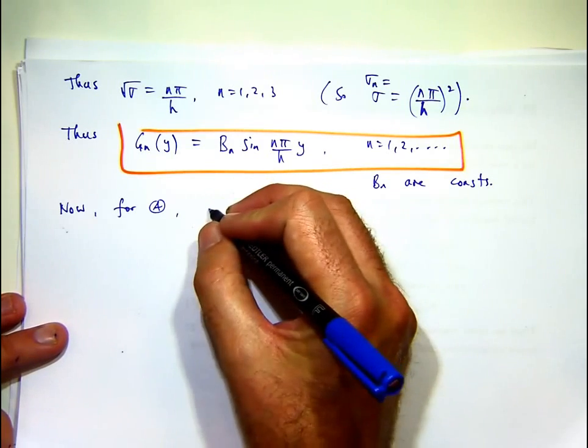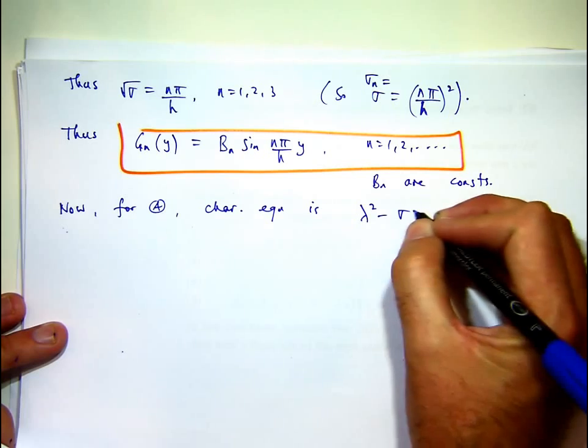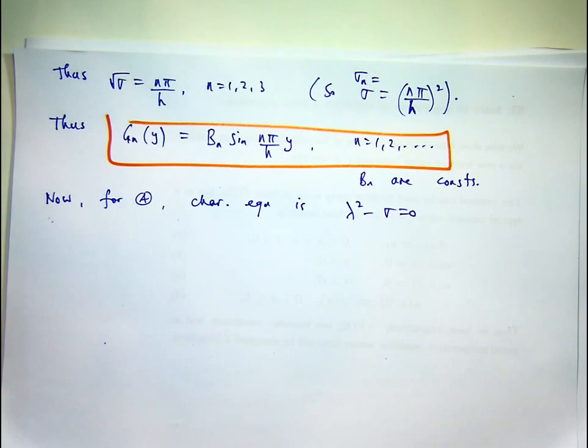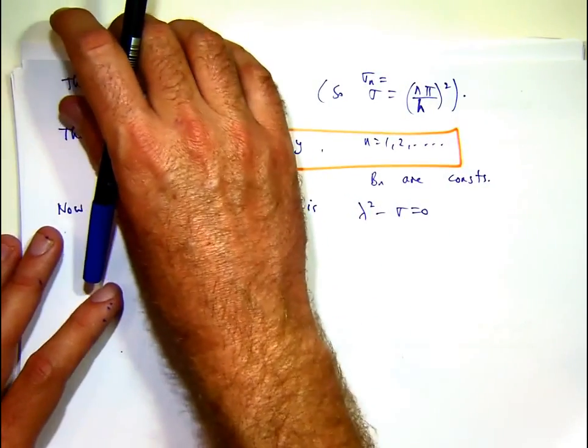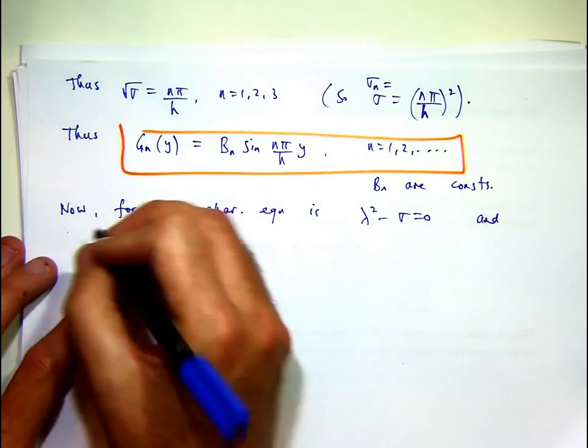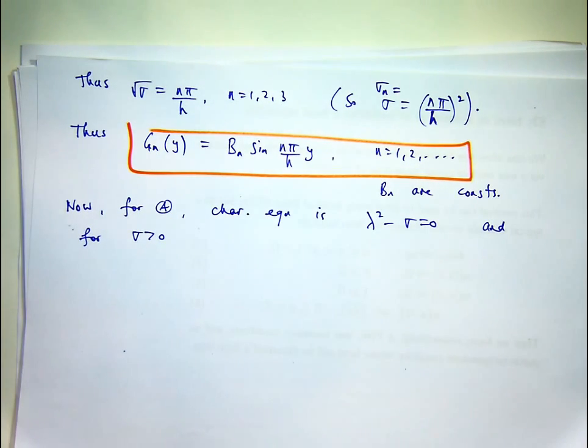So, for problem A, the characteristic equation, and for the non-trivial case that we discussed, when sigma is positive, what kind of solutions are we going to get to our characteristic equation? We're going to get real and unequal roots, right? Because sigma is positive here.